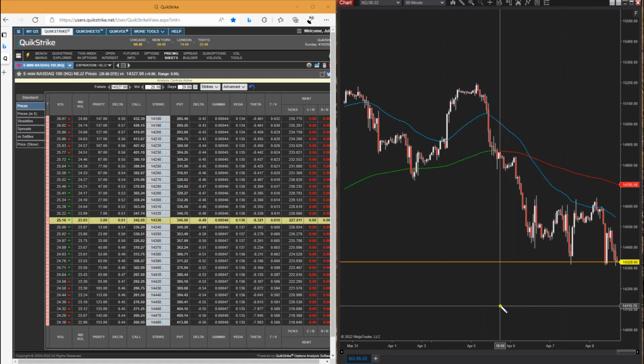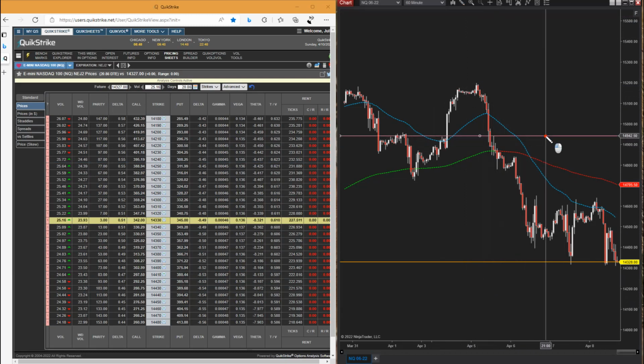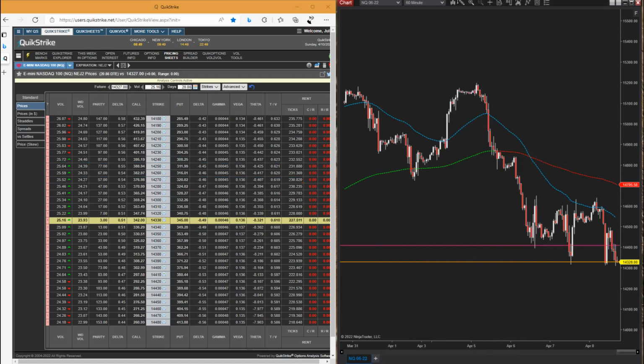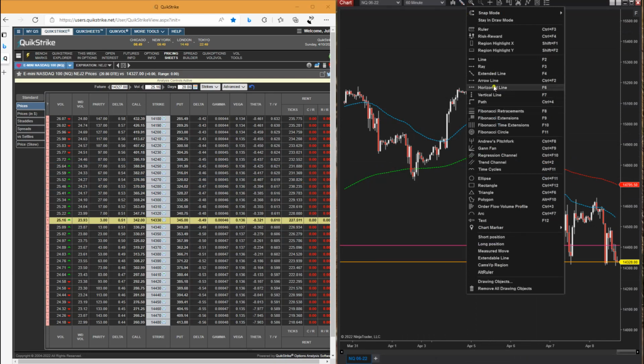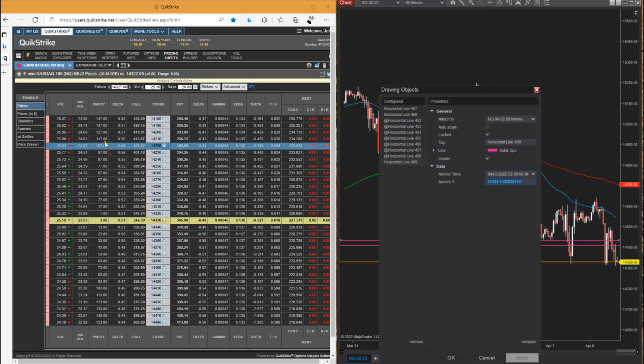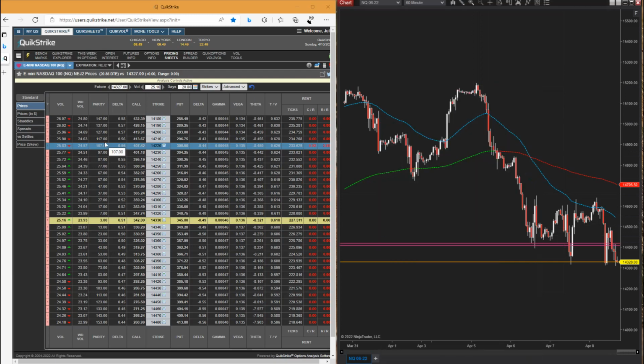So I can draw a horizontal line up here, 14,410 and 14,420. Okay, so you can see that is going to be the resistance, and for the support, 14,240 and 230.